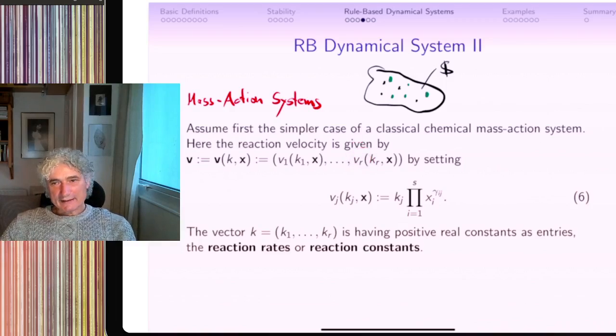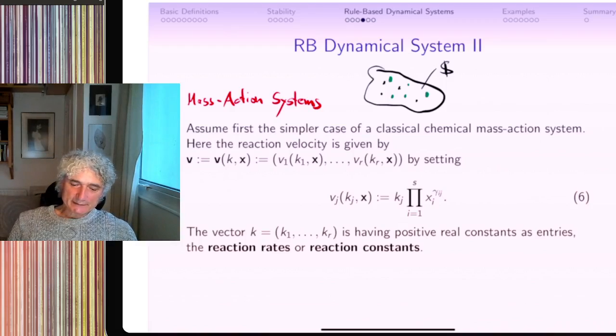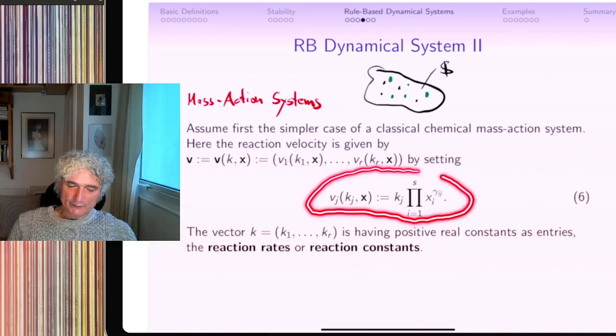And they are defined as follows. So this is now very important. This is something you should really learn by heart. So the reaction velocities are given in the following way.